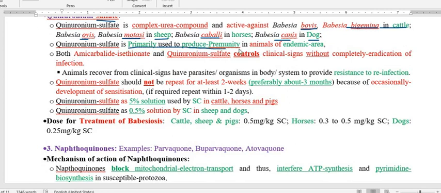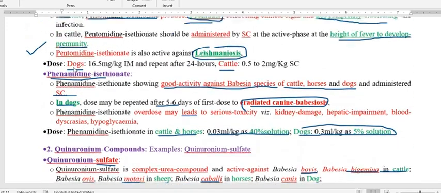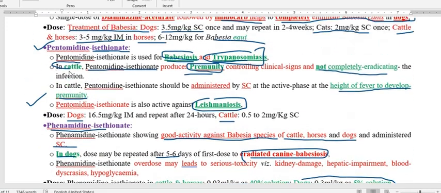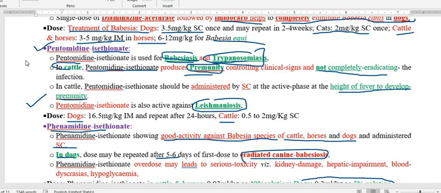So this quinuronium sulfate has to be used for babesiosis, and it is primarily used for pre-immunity in endemic areas of babesiosis.